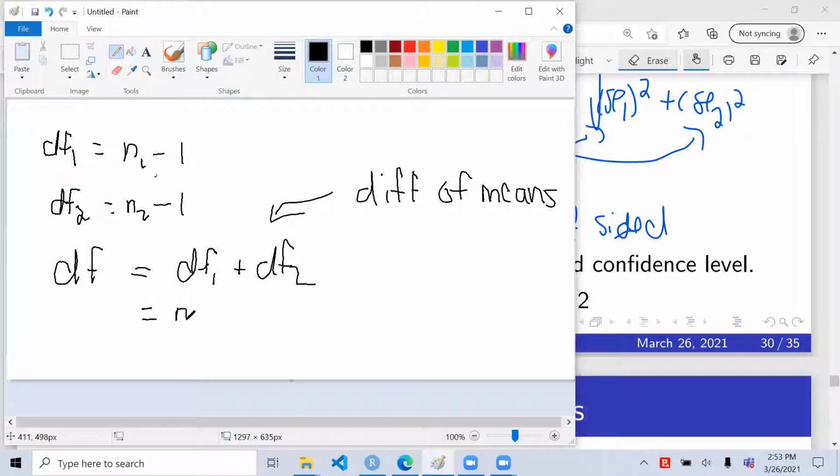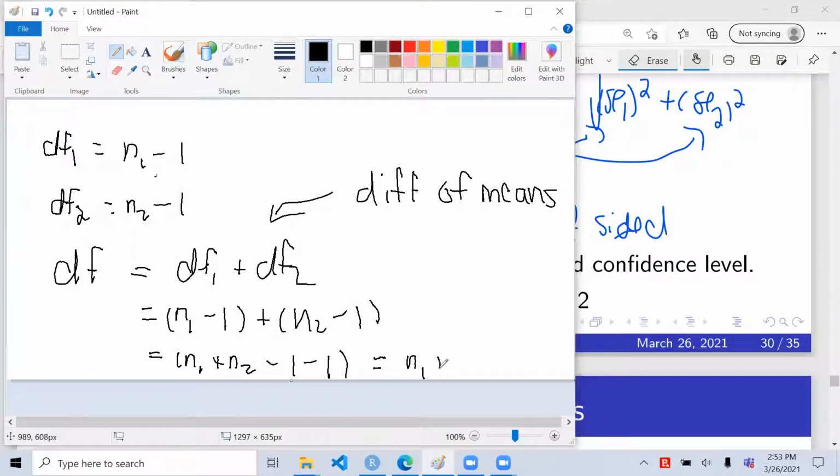What you have is n1 minus 1 plus n2 minus 1, which is equal to n1 plus n2 minus 1 minus 1, the n1 plus n2 minus 2 that you see. That's why it looks like that, right? It's really adding up the degrees of freedom of the two independent groups.